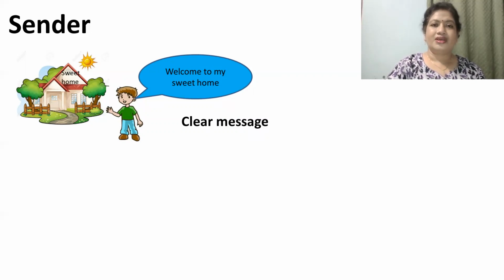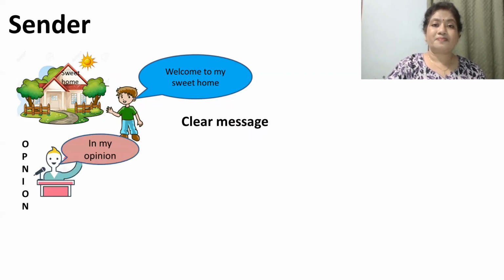Yes, absolutely. You are inviting everyone to your home, maybe for a lunch party or inaugural party or whatever. So your message, welcome to my sweet home, is a clear message. Now, a message can be an opinion too. Whatever your opinion is, when you speak, you are a sender.